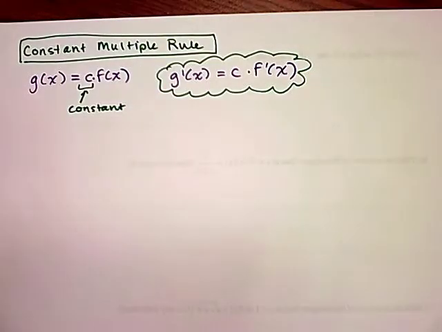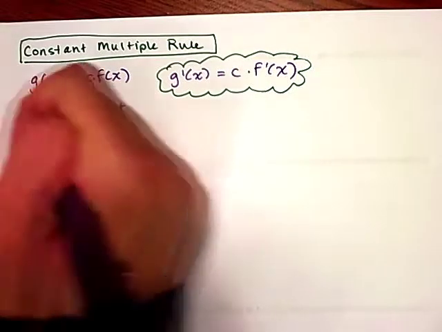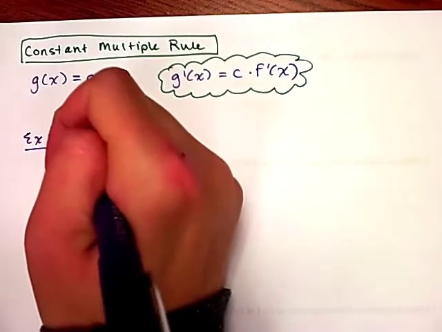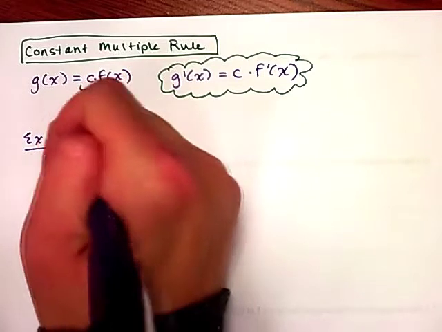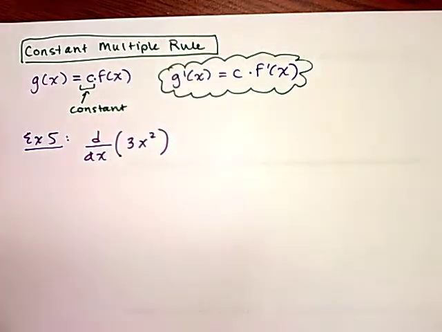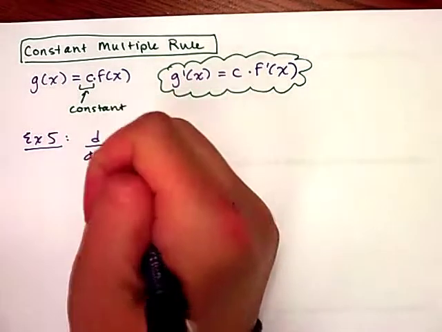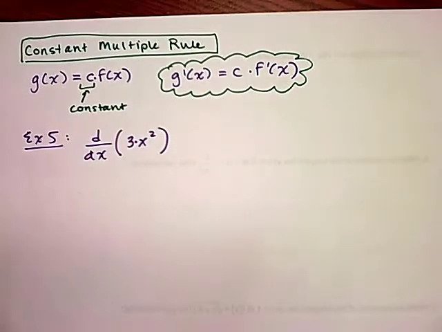We noticed this when we were sorting through the different examples in class, but let's see how it works. If I'm taking the derivative of something like 3x squared, that is like saying 3 times the function x squared.